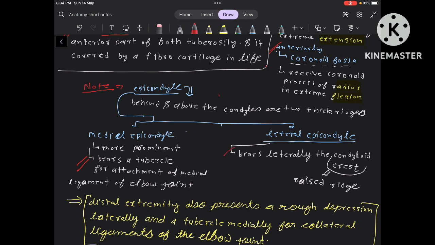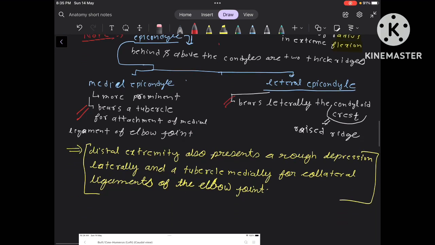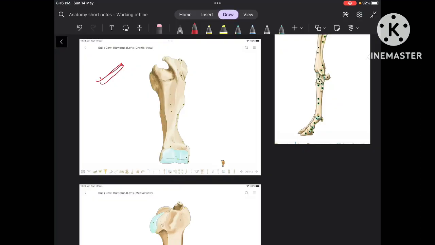The lateral epicondyle bears laterally the condylic crest, which is nothing but a raised ridge. We can say the distal extremity also presents a rough depression laterally and a tubercle medially for the collateral ligament of the elbow joint.